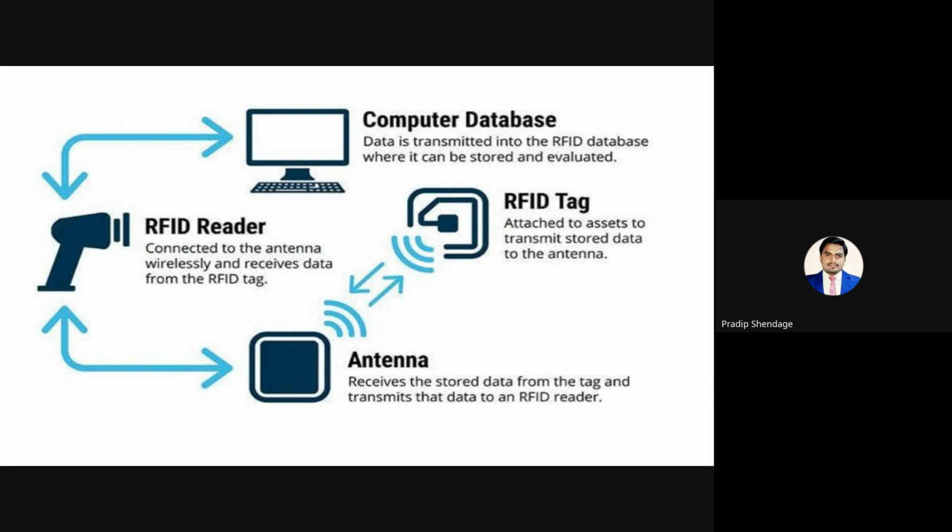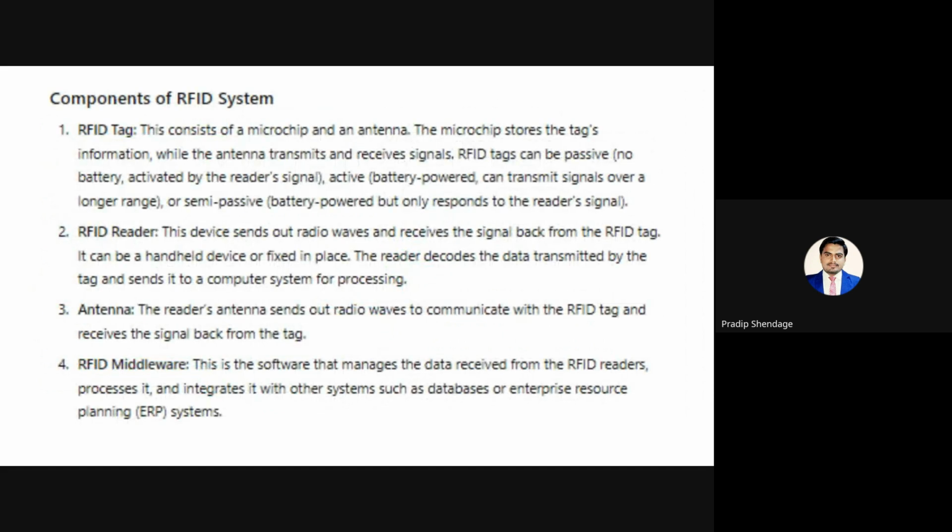So the first things that come into the picture are RFID tags, antennas, RFID readers, and finally the computer database. Now the main components. The RFID tag is very small in size. The microchip stores the tag's information while the antenna transmits and receives the signals. RFID tags might be passive or active.